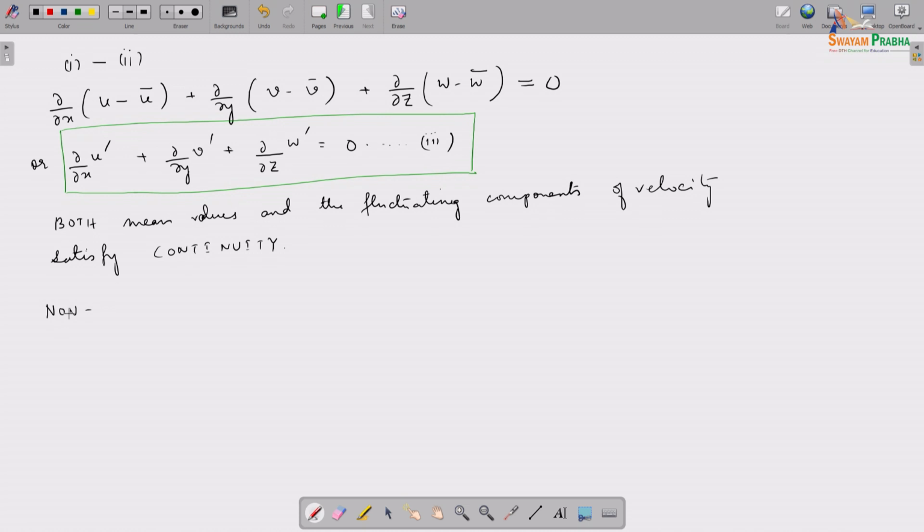So, next thing is nonlinear Navier-Stokes equations. Let me write that down first.